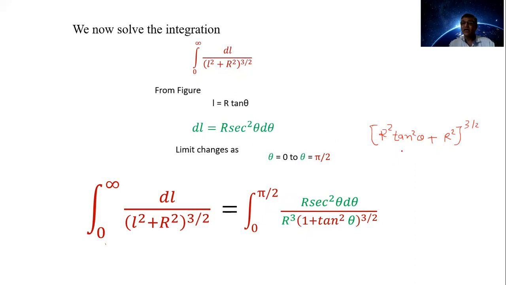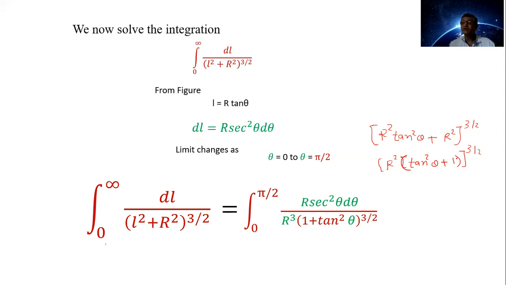R square is taken as a common factor, and in the bracket we write tan square theta plus 1, raised to 3 by 2.